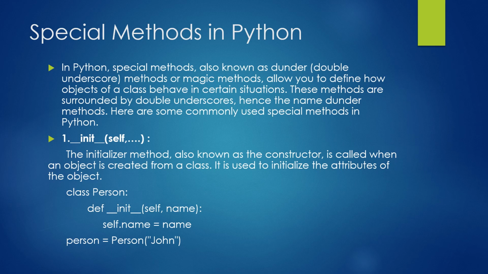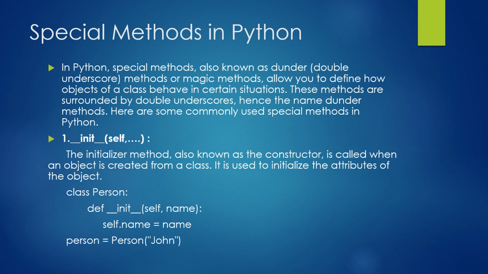First one is the init method. It is also known as initialize. This is an initialization method, also known as a constructor, as we used this init method in the previous examples. It is called when an object is created from a class. It is used to initialize the attributes of an object.